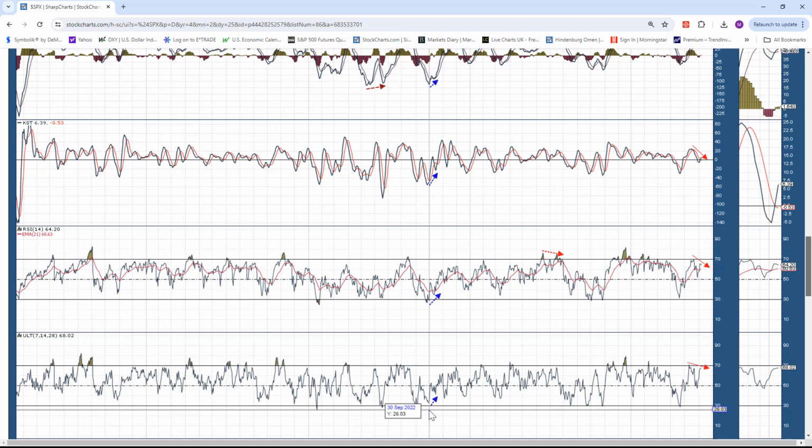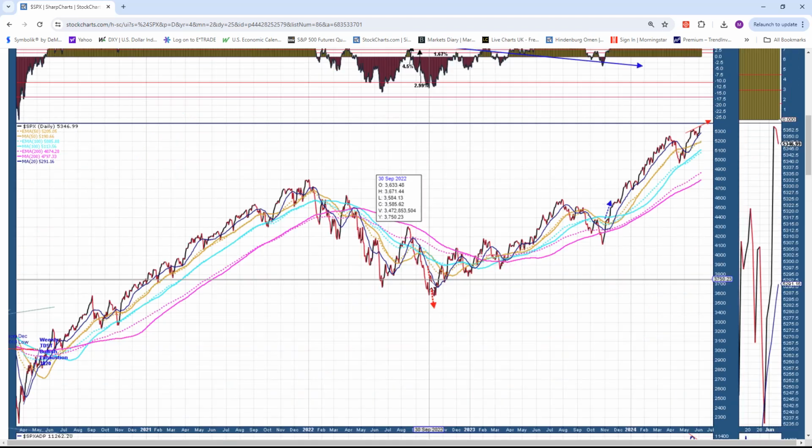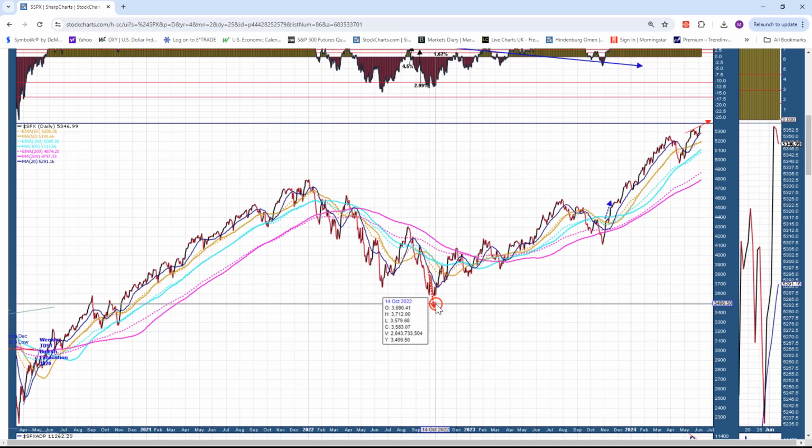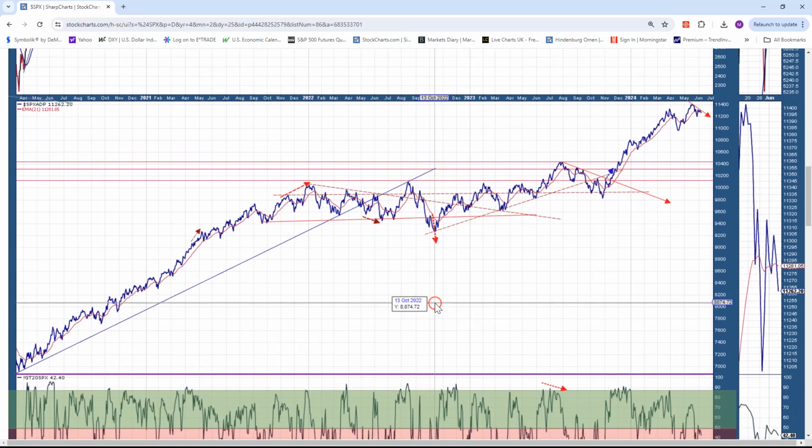Let's go up and look at price and the AD line. So here's price on the 30th of September. There was a peak there, and then the valley here on the 13th right there. Same thing with the AD line.